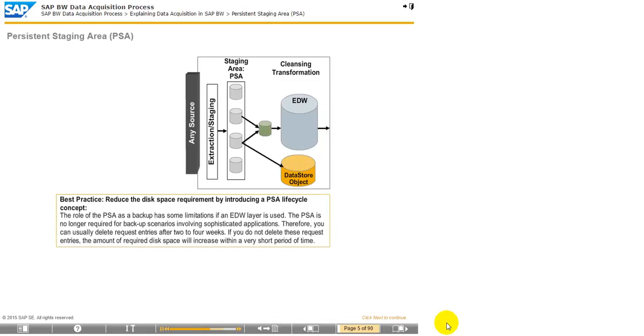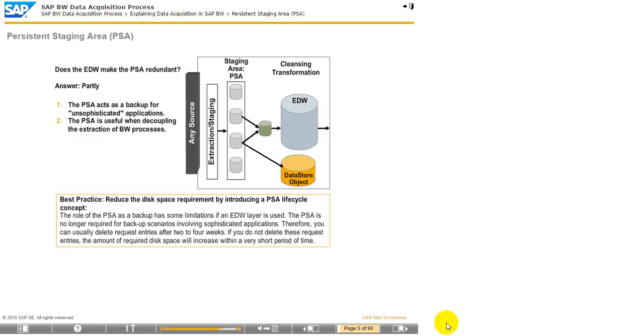For best practice, it is recommended to use the PSA to decouple the extraction load process from BW data staging. Provided the affected part of the Enterprise Data Warehouse, or EDW, layer is stable, it is no longer necessary to save the raw data for days or weeks in the PSA.